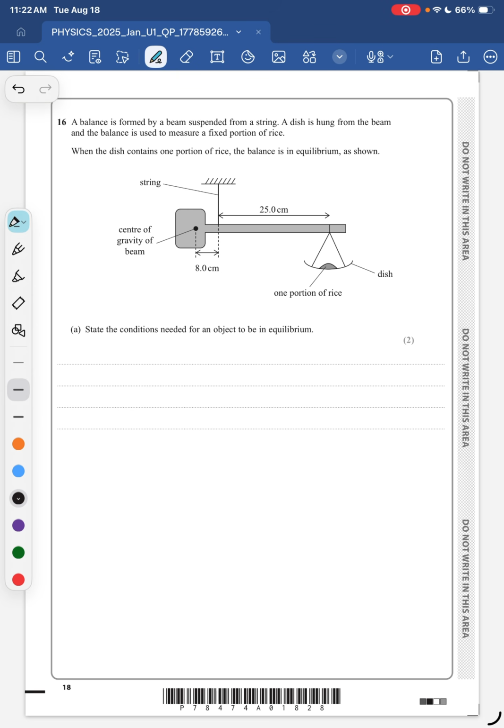Question A, state the conditions needed for an object to be in equilibrium. I'm going to write this laconically, which means very shortly. Okay, so the sum of all forces should be 0, and the sum of all moments should be 0, and the moments about any point.